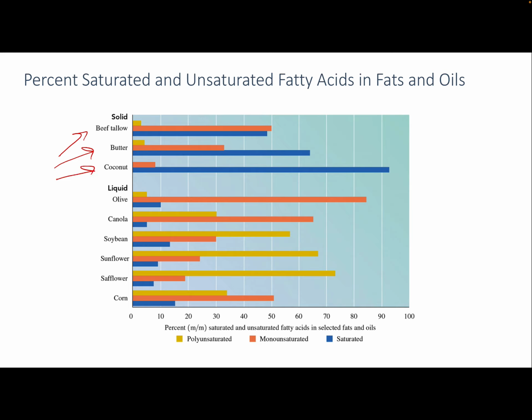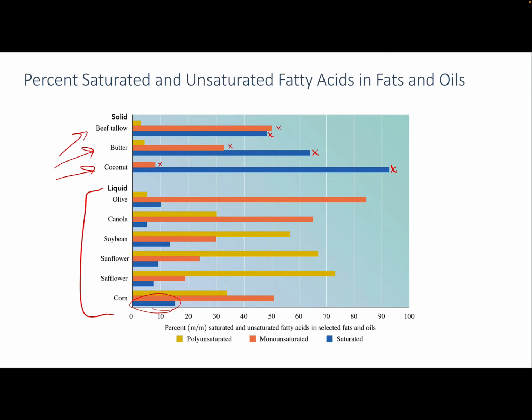And you can see the percentage of saturated to unsaturated fats in blue here. The majority, well, almost in beef tallow, is saturated fats, with some monounsaturated fats spread around in there. Coconut butter or coconut fat only has some amount of monounsaturated, but mostly saturated. Look at the liquid side when you flip that.